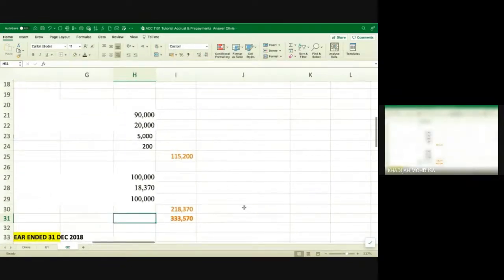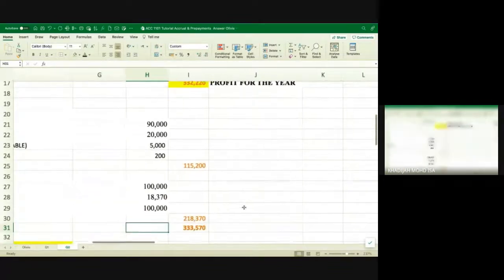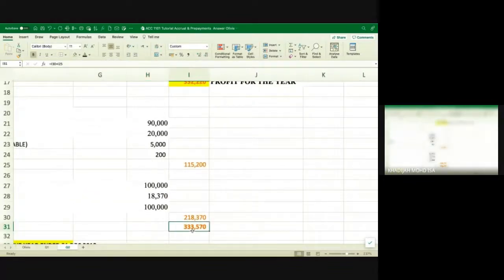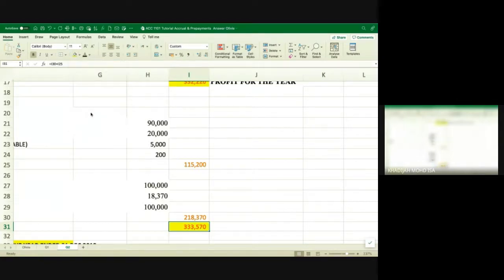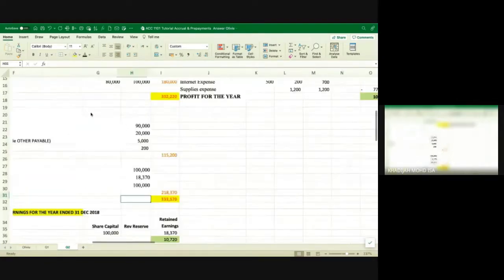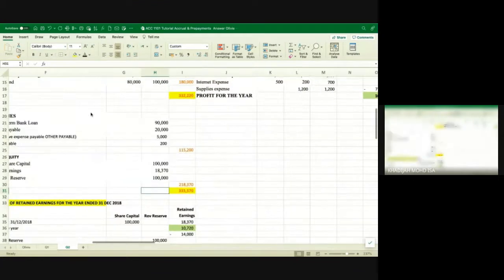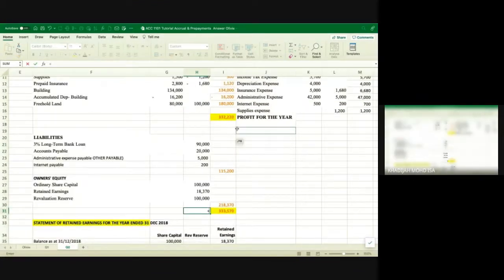My asset is 332,220, but my owner's equity and my liabilities is not the same. So what do you do when you don't have the same? Answer: you look at the difference. What is the difference of this?